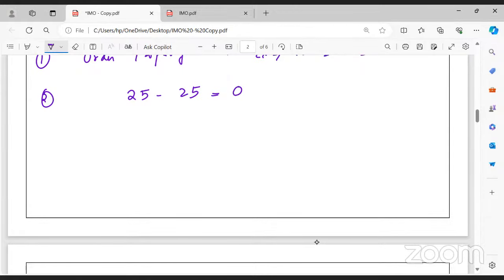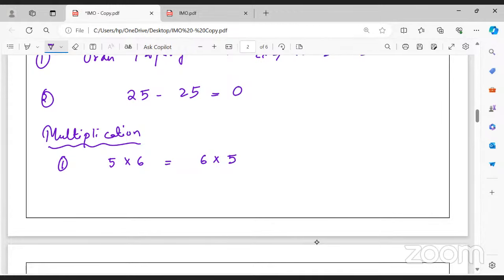Yes. Can you change in multiplication? Just tell me, can we change the order of numbers in multiplication? Will the product change or will it remain the same? If I say 5 into 6 is equal to 6 into 5, 1 into 2, 2 into 1.